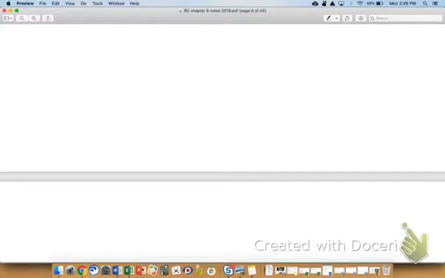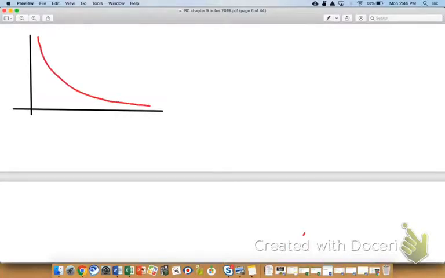So I want you guys to think about this. I'm just going to draw a little picture here. If I drew this lovely graph, something like this, we're going to call this f of x.